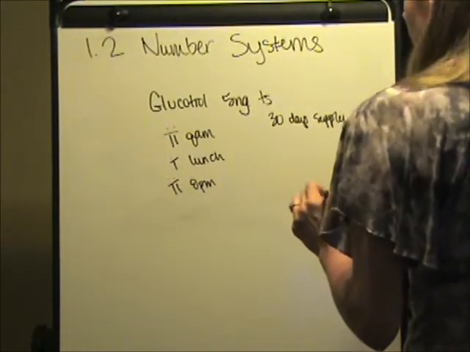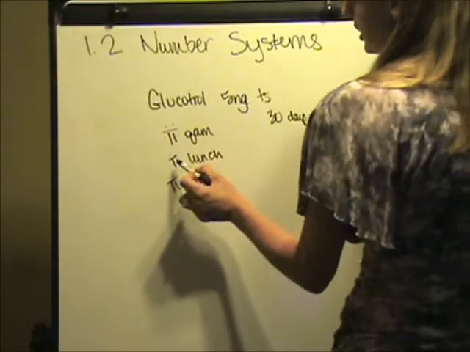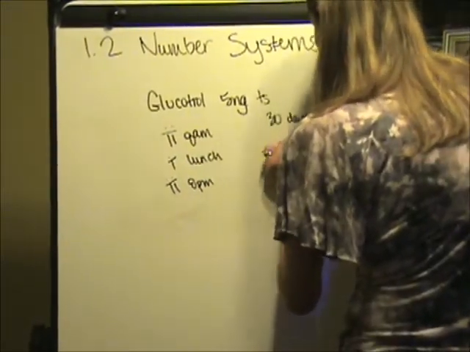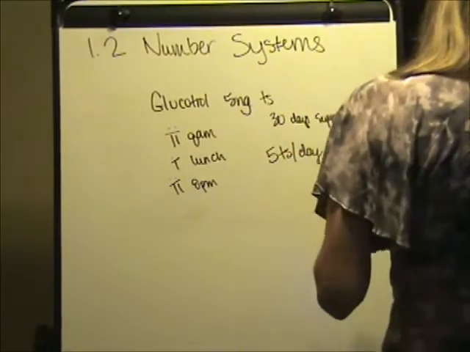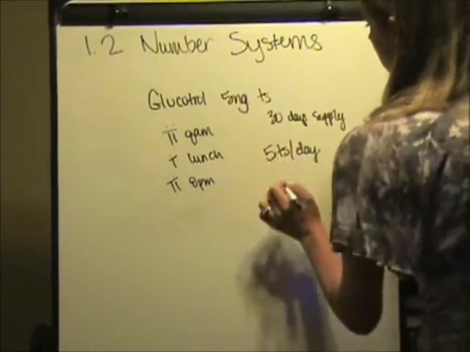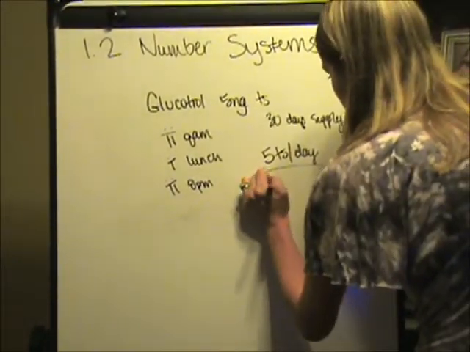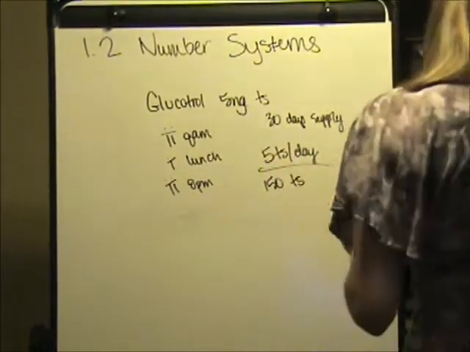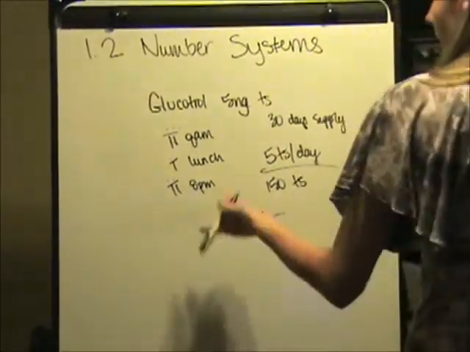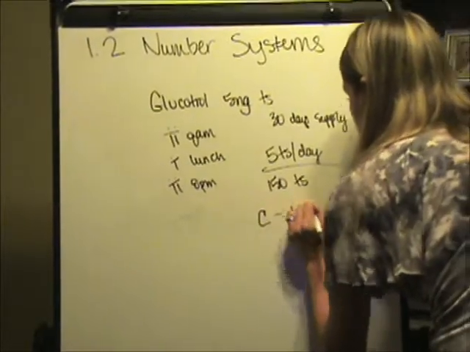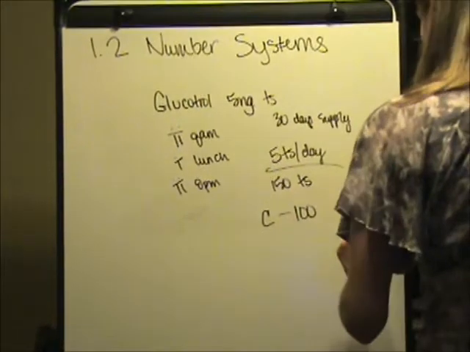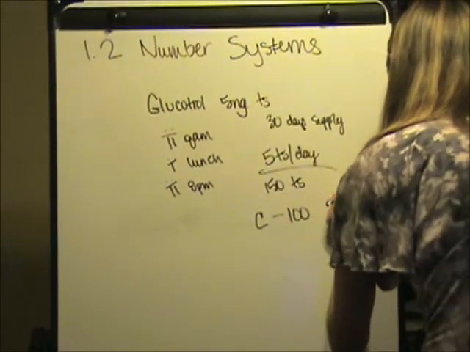How many tablets are taken each day? Okay, well, we've got 2 in the morning, 1 at lunch, and 2 at night, so that's 5 tablets a day. How many tablets will be dispensed? Well, they want a 30-day supply. 30 days times 5 a day is going to give us 150 tablets. And how long would C tablets last? Well, we remember from our last problem that C equals 100. So that is going to last us 100 divided by 5, 20 days.